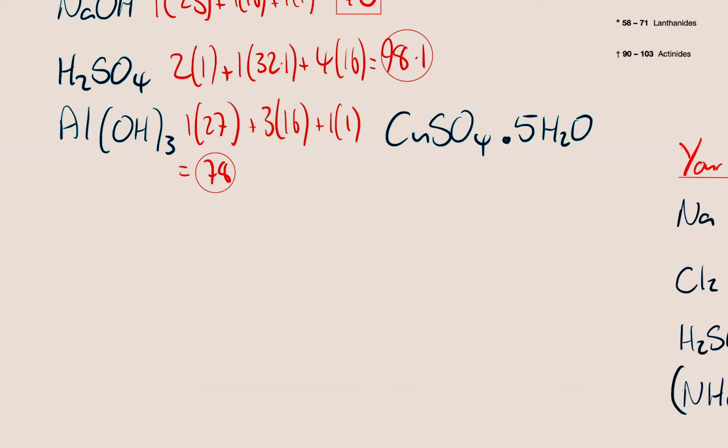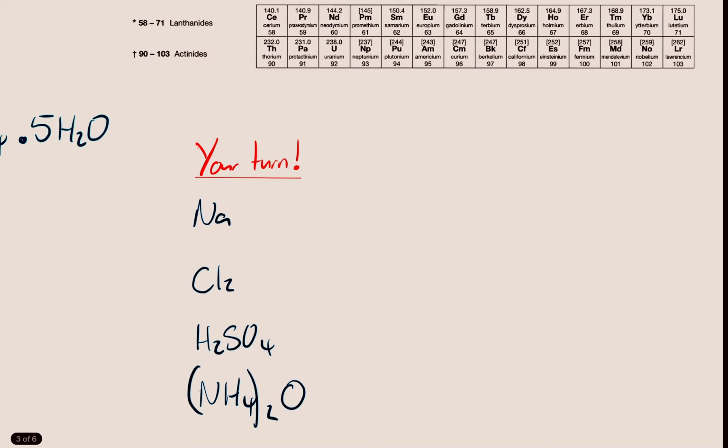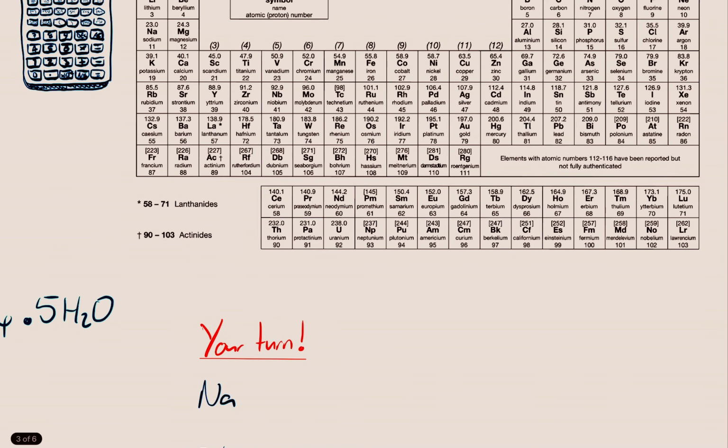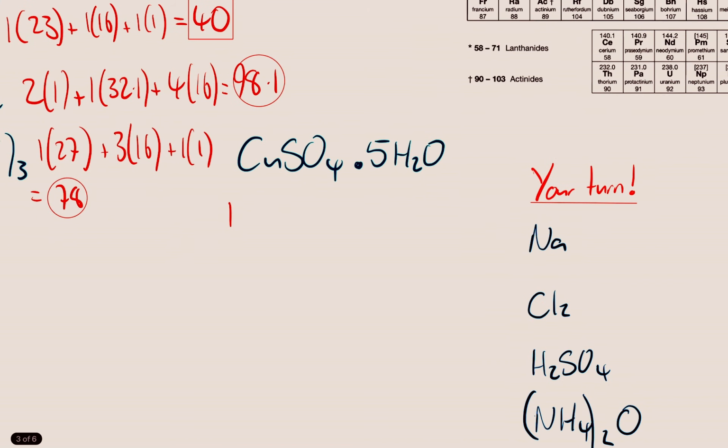So there we have 1 lot of copper, 63.5, plus we've had sulfur before, 1 lot of 32.1, plus 4 lots of oxygen, 16.